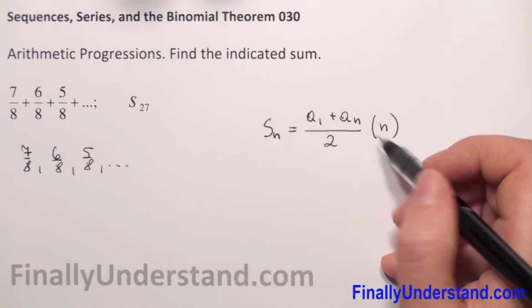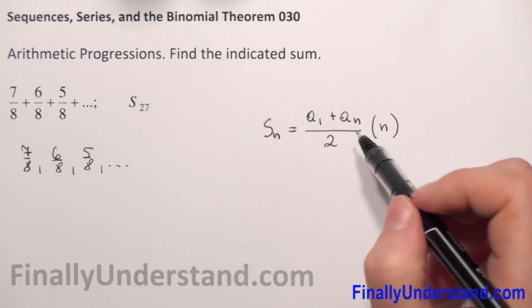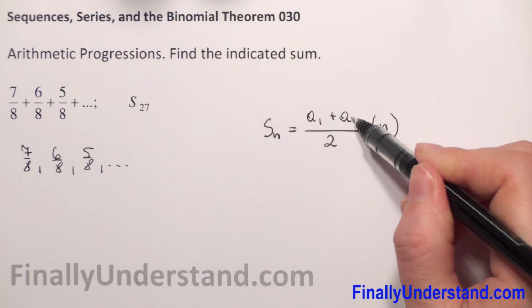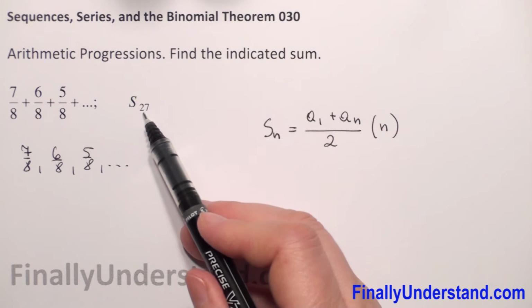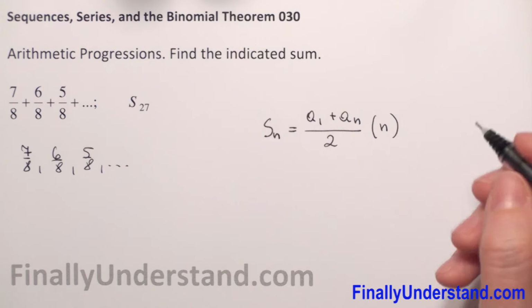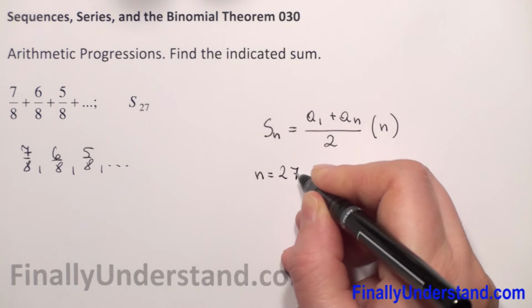So in this example, to find this sum, we need the first term, the last term, and n. Because we have to find the sum of 27 terms, we have given that n is equal to 27.